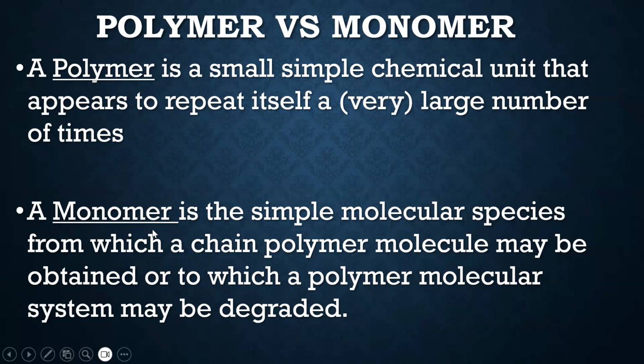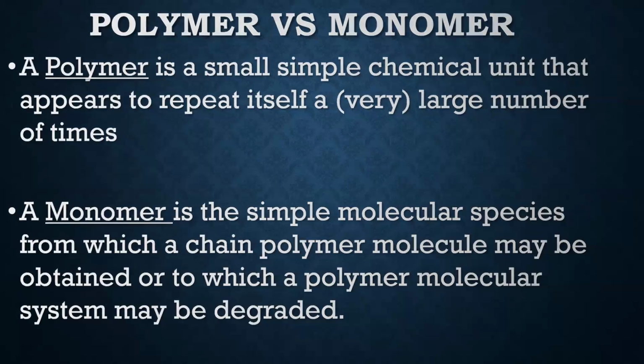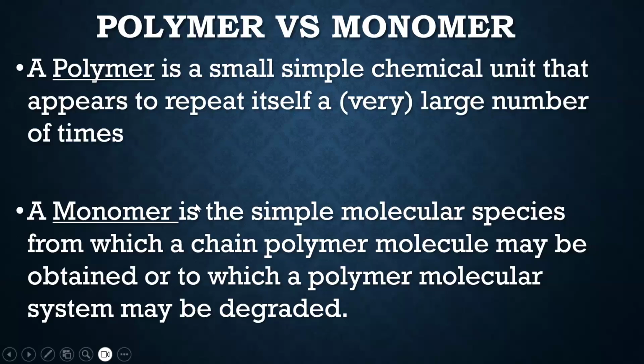monomer is a simple molecular species from which the chain of polymer molecule is obtained, or to which a polymer molecule may degrade itself. The monomer is the smaller unit, the basic unit of the polymer.